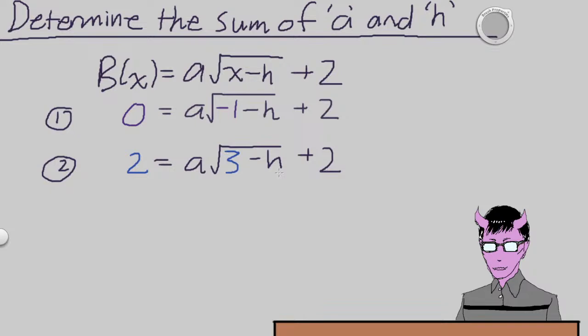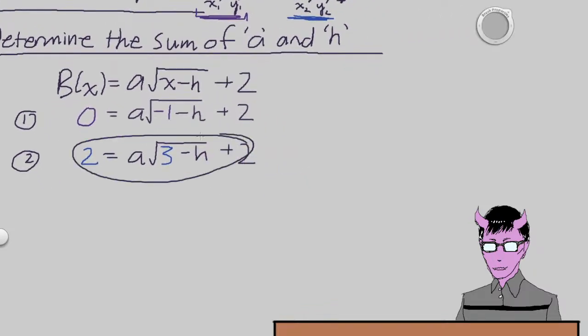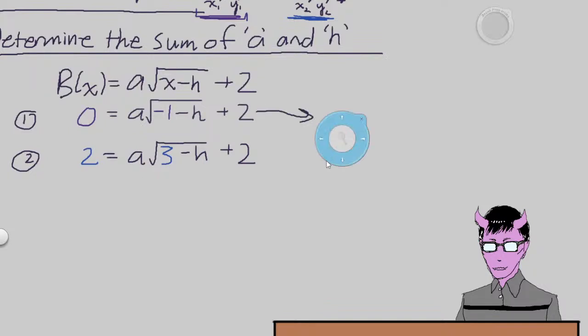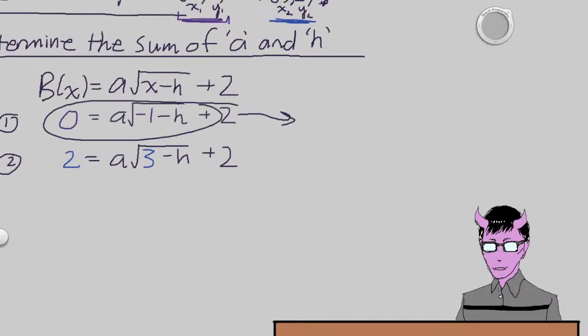Unfortunately, it seems elimination isn't perfectly optimal for the situation. So what I'm going to do is I'm going to solve for one letter and then substitute it into the other equation. So this one I'm going to solve for a by subtracting 2 from both sides.